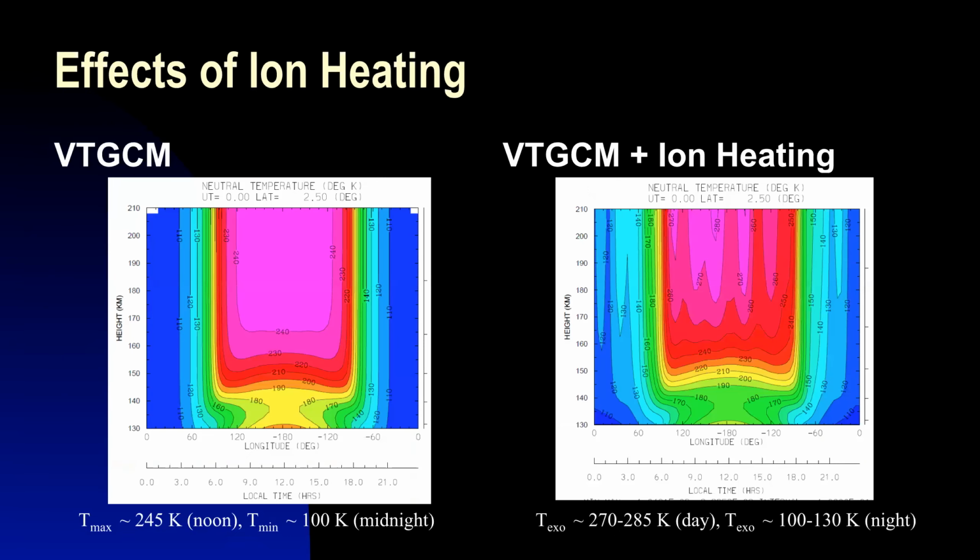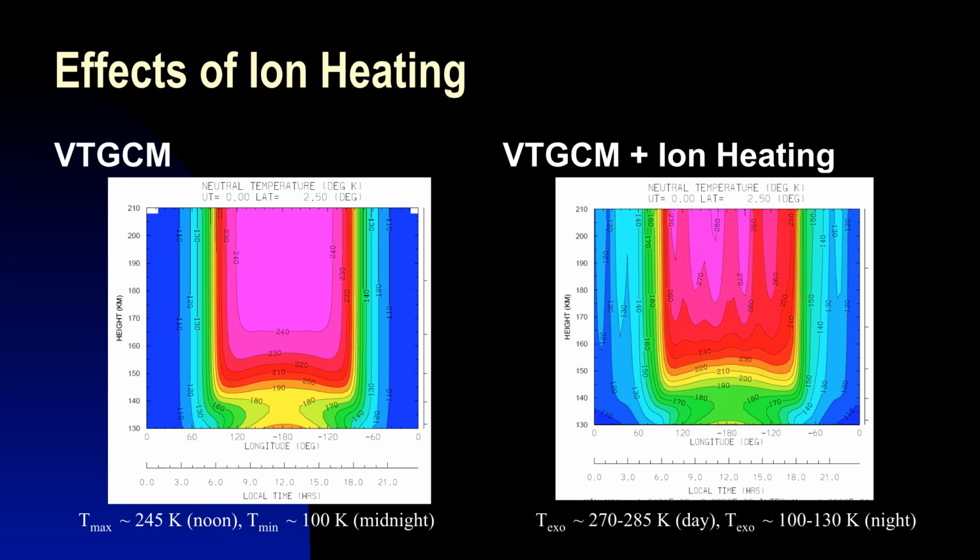So how much ion heating goes to the atmosphere? On the left, you see the neutral temperature from the VT-GCM without ion heating. There's a maximum noon temperature of about 240 degrees Kelvin and a minimum temperature of about 100 Kelvin at midnight.